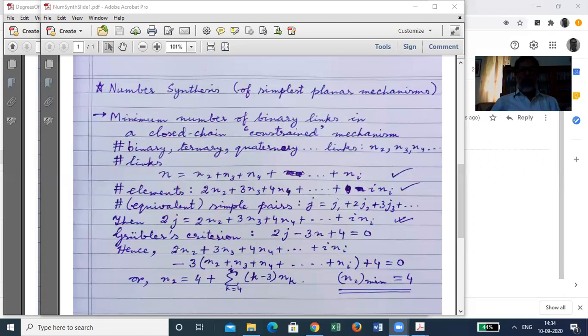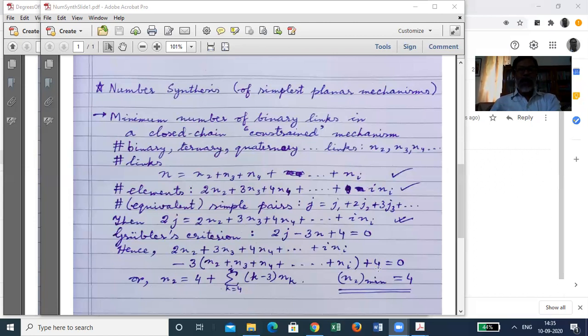So this twice j is, in its first line, twice n2 plus thrice n3 and so on, up to i times ni, minus thrice the total number of links, n2 plus n3 plus up to ni, plus 4, equal to 0. Now, as you organize this, twice n2 from here minus thrice n2 from here. So one negative n2, which we take on the other side of the equality, and so on the other side of the equality we will now have n2 and the remaining things will stay here.